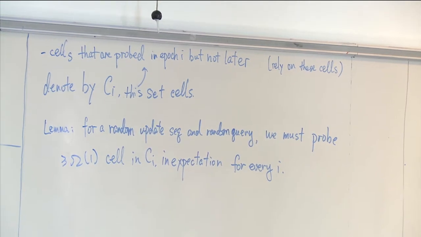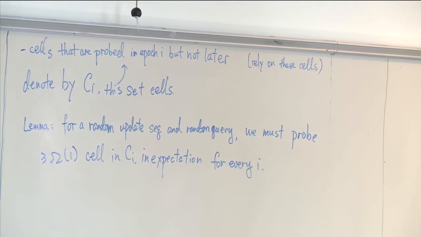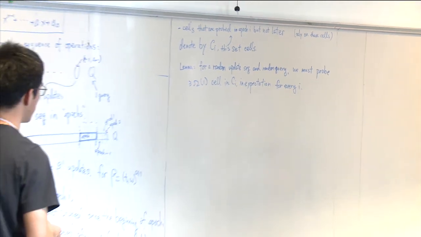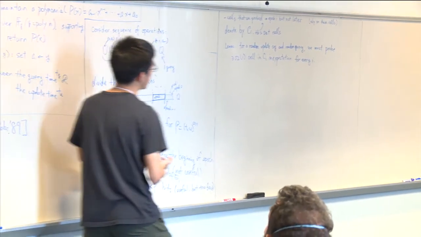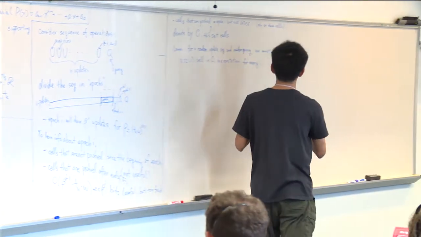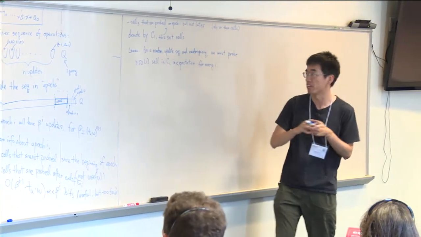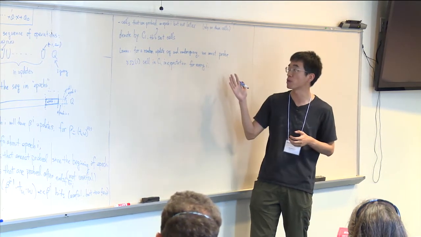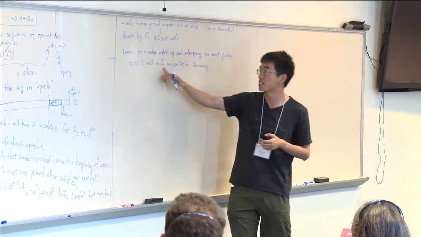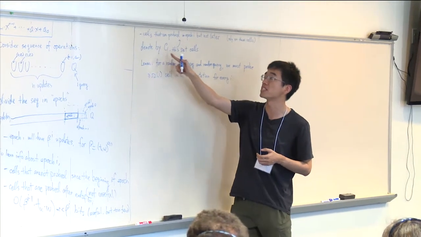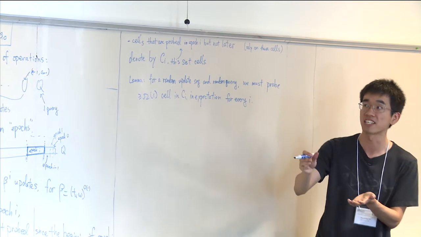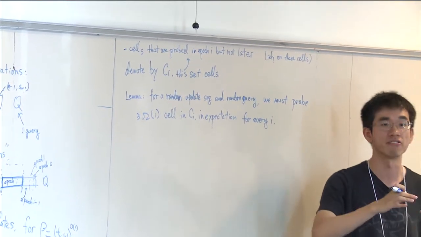Because this argument just says for some i we have those types of cells, this is actually true for every i. So suppose we can prove this lemma, that a random query must probe something from this set. By definition, C_i is the set of cells that are probed in epoch i but not later, so these are disjoint sets of cells for different i's, right?